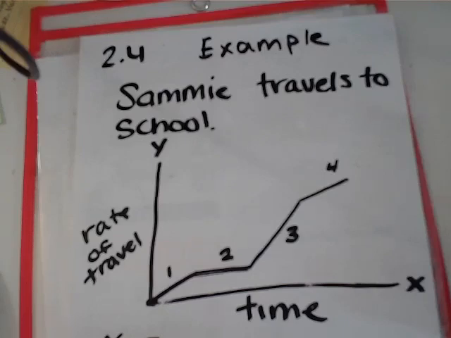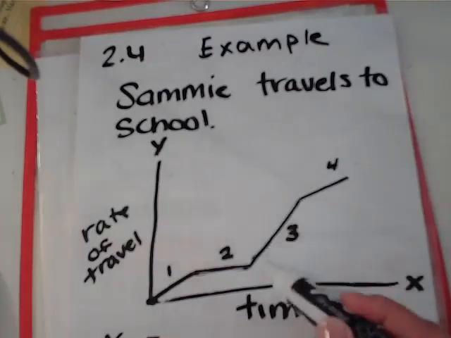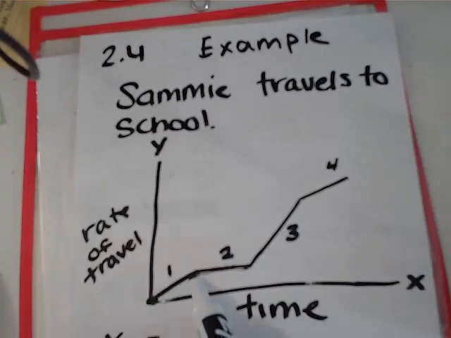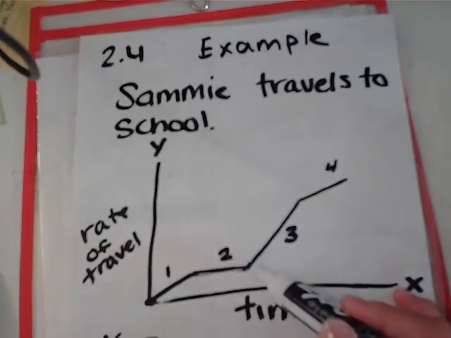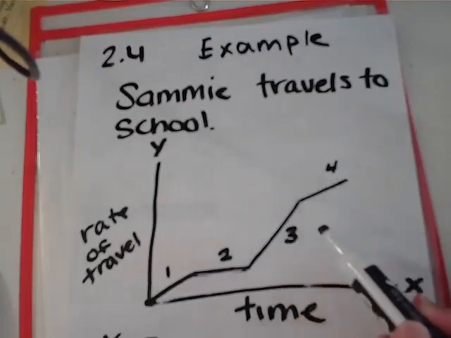If we think Sammy's waiting for the bus here, it makes sense that he might be riding the bus after he waits there. And so maybe segment 1 represents the rate of travel that he did when he was walking to the bus stop, then he waited at the bus stop, then he rode the bus, and then he had to walk some more to get to his class.